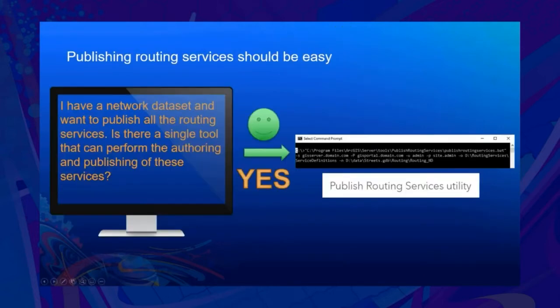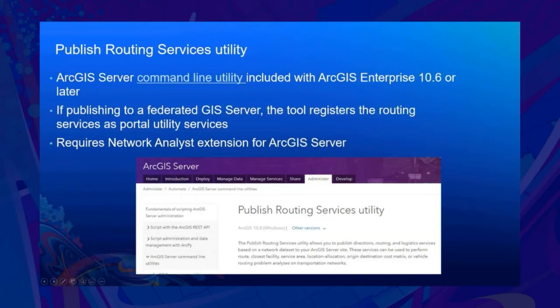Now, in the previous slides, I described two different service types that can be used to create routing services and how you can publish them from GIS resources. To simplify this process, ArcGIS Enterprise includes a utility called Publish Routing Services utility that takes a network dataset and performs the task of publishing all these routing services. The Publish Routing Services utility is still performing the same steps that I previously described, but it does that in an automated way. The Publish Routing Services utility is included with ArcGIS Enterprise versions 10.6 or later.